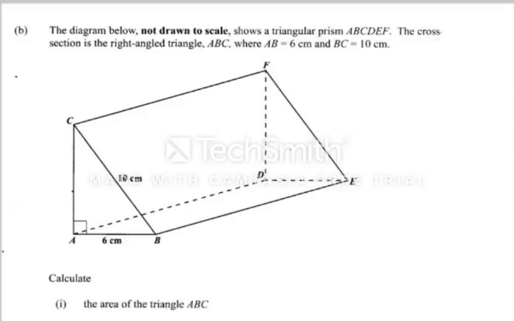All right, this is the B part of the question, and it says the diagram below, not drawn to scale, shows a triangular prism ABCDEF. The cross section is a right angle triangle ABC, where AB is 6 centimeters and BC is 10 centimeters. So this is the right angle triangle that they're talking about.